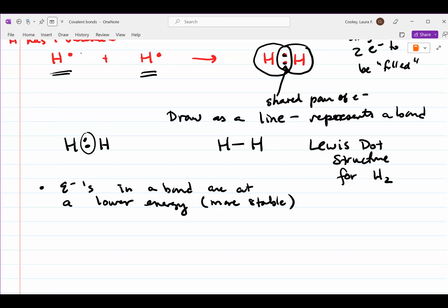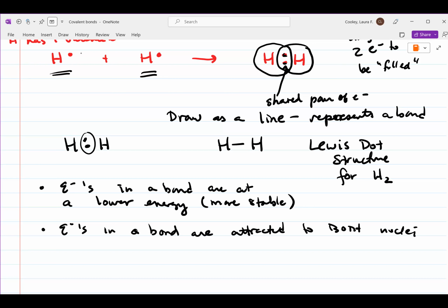The bottom line is that in a bond, those electrons are attracted to both nuclei, so there's greater attraction than to just 1 nucleus.